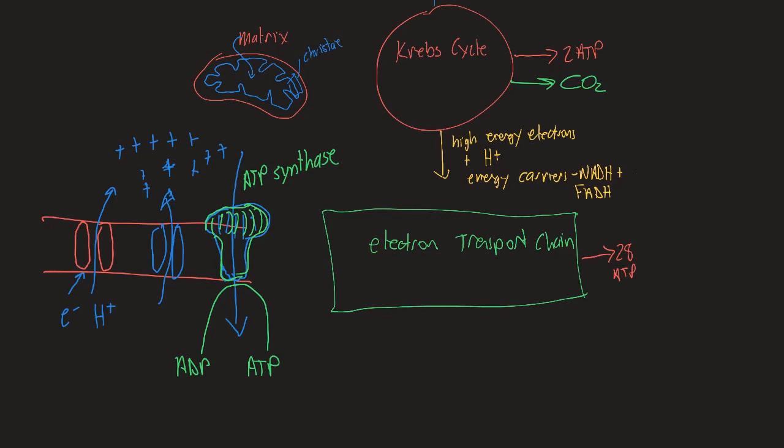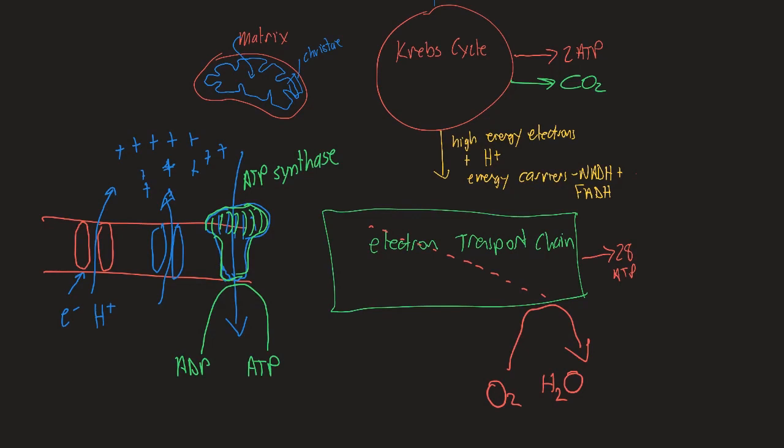We say oxygen is the final electron acceptor. So these electrons go down the electron transport chain, losing energy all the way through, and then they need to be picked up here at the end. This is where oxygen accepts the electrons and those protons, those H plus ions, and so takes the oxygen and the hydrogen and forms water.